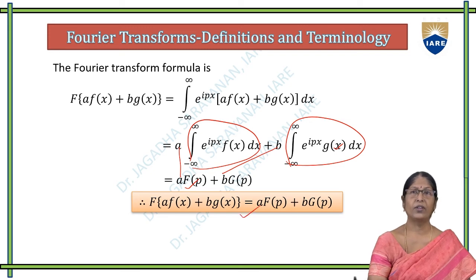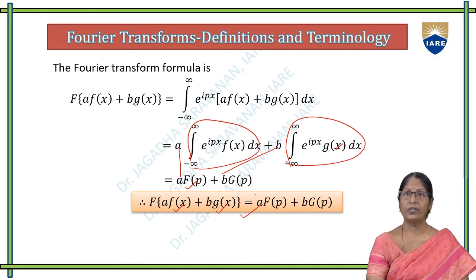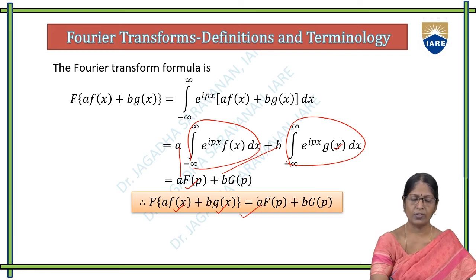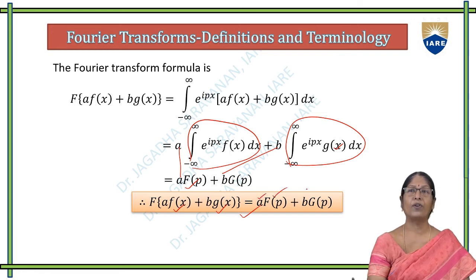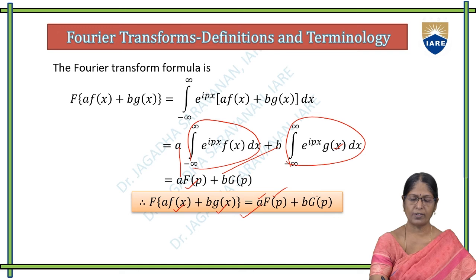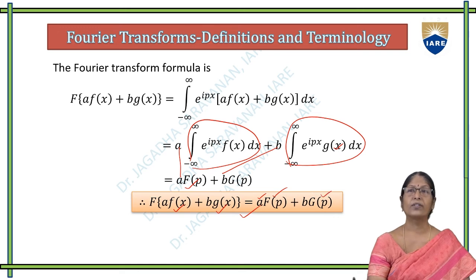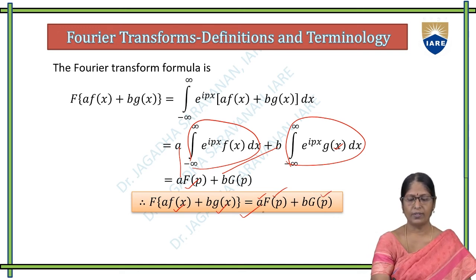So we can see it here. Now we can say the Fourier transform of the first function plus the second function is equal to a constant times the Fourier transform of the first function plus a constant times the Fourier transform of the second function. This can be written like this also.